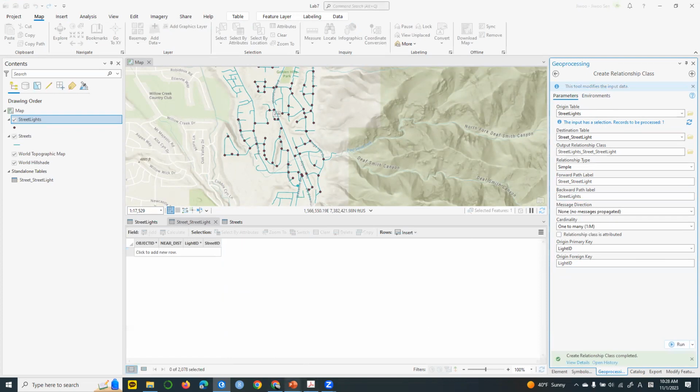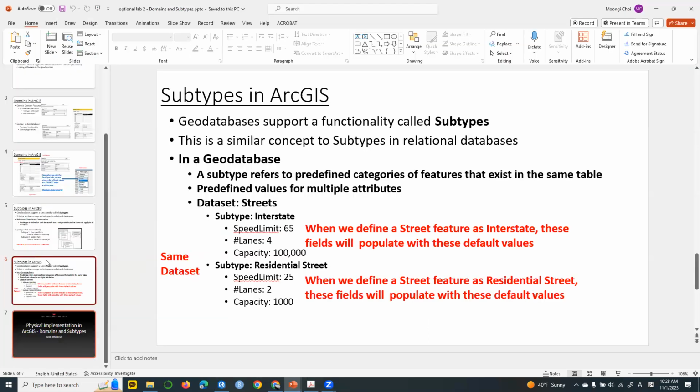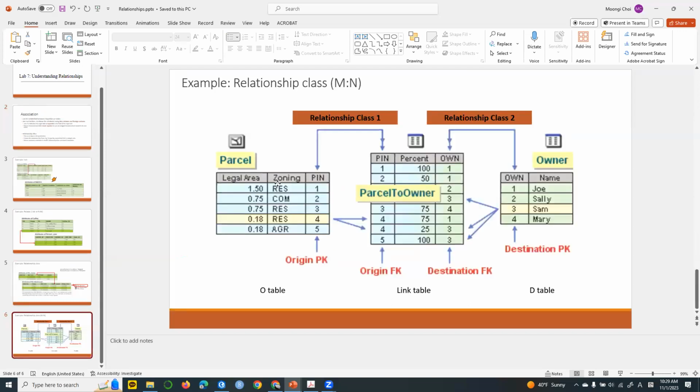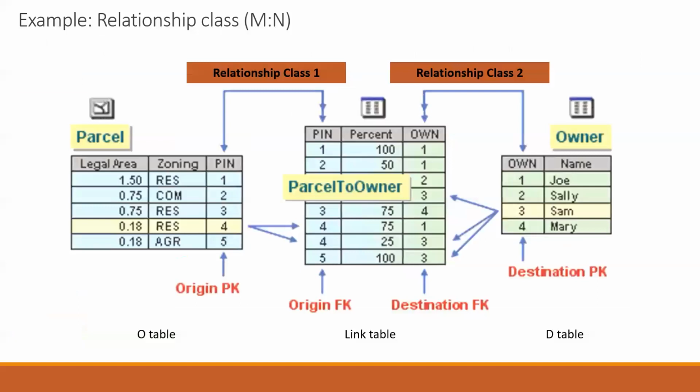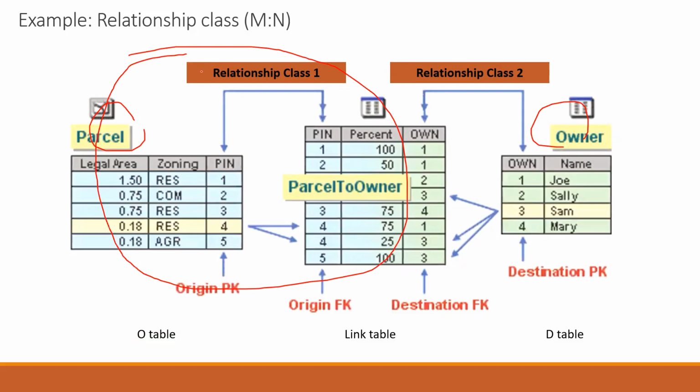Because those two tables have a many-to-many relationship, we first made a relationship class between the street lights and the link table, which is 1 to m.